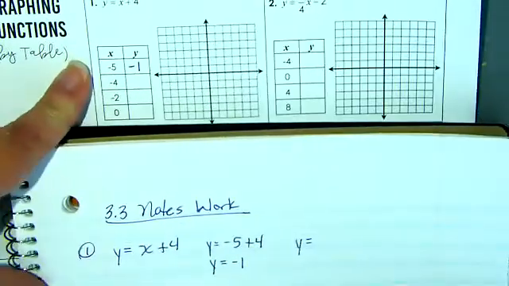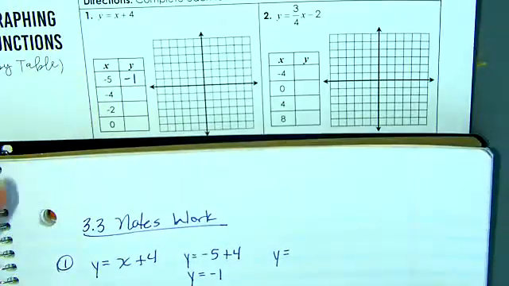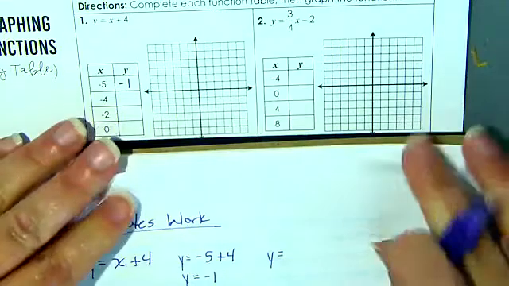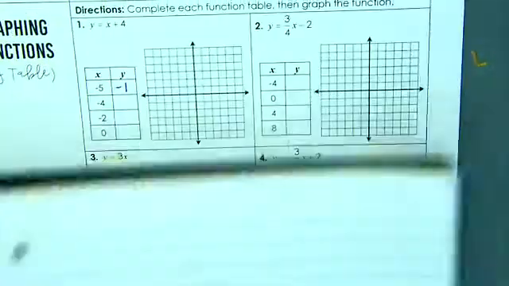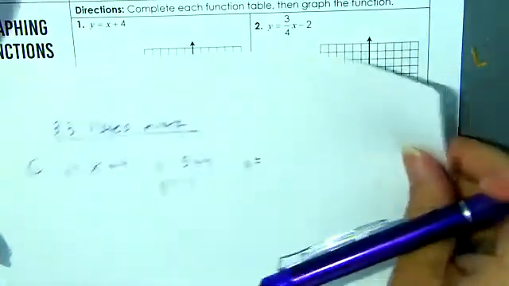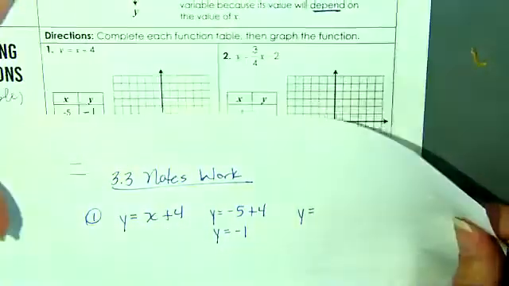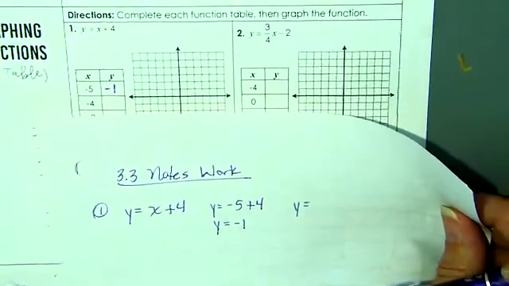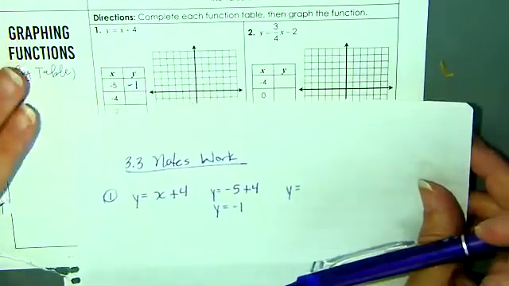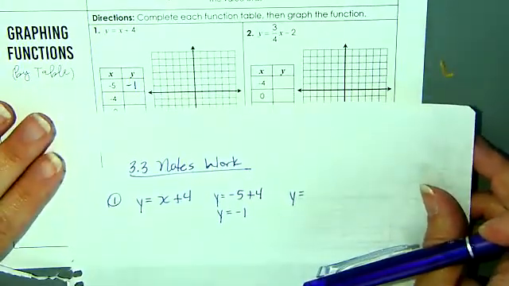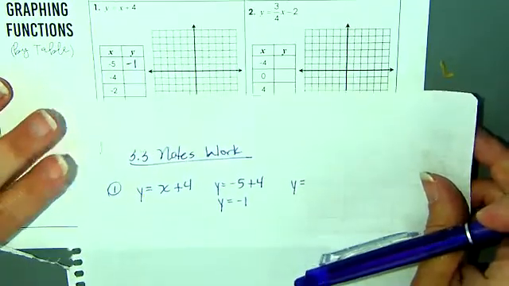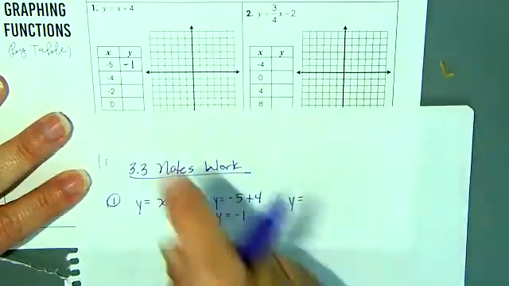Let me see what's going to be the best way for me to show this. So you can see everything that I'm doing here. I need to zoom out a little bit so you can see. Okay, there we go. So now I'm plugging in the X values in the table.